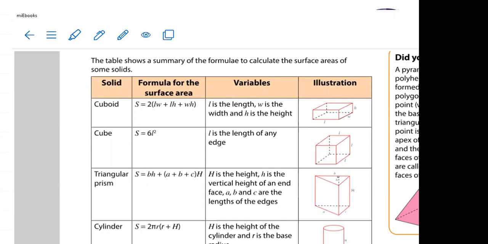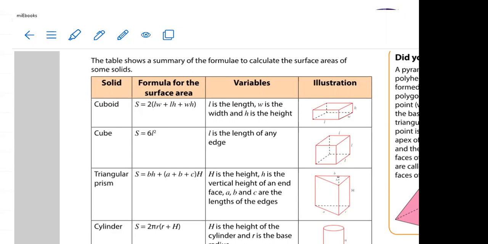And then if you multiply that by 6, this resembles 6 faces. You simply take one area and multiply it by 6. Why? Because all the faces are equal in a cube. So in a cube, all 6 faces are not only identical, but also equal, meaning that they are the same size and the same shape.